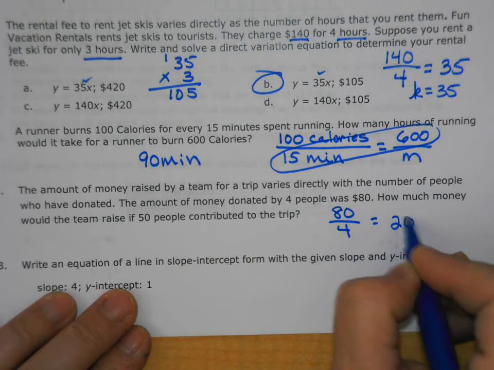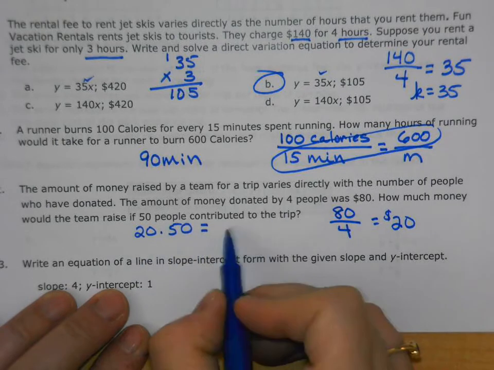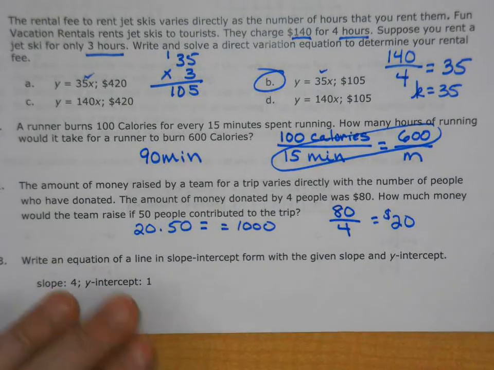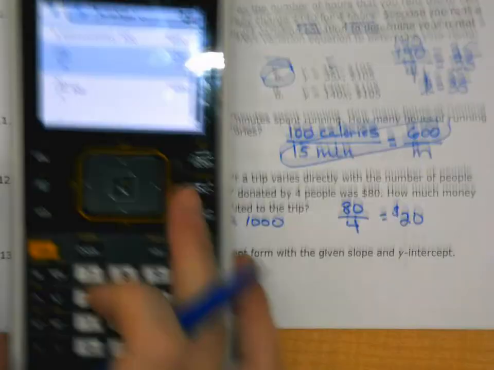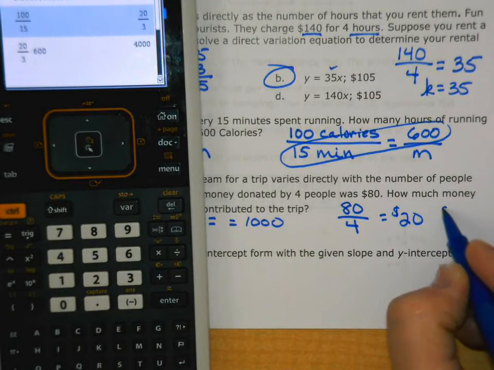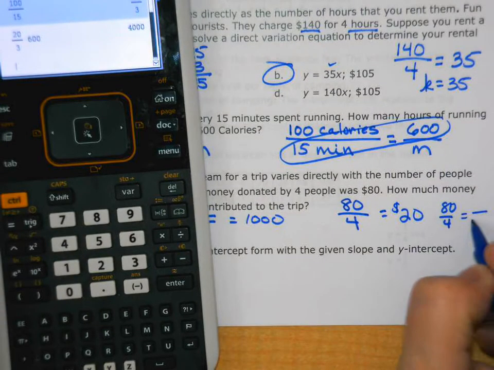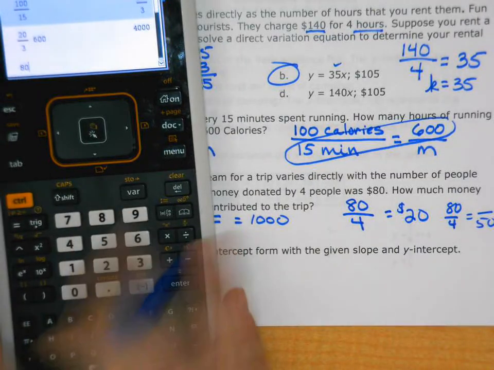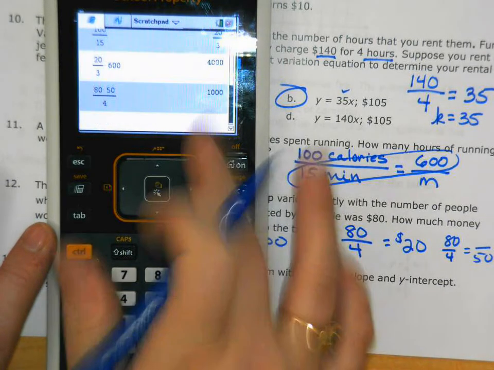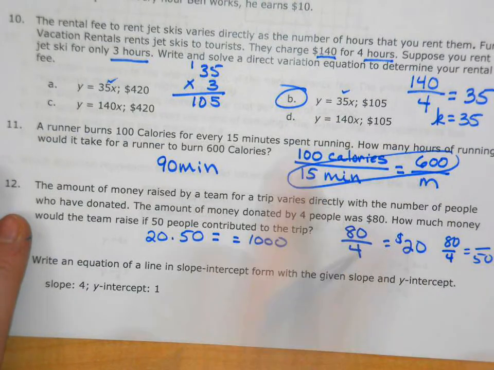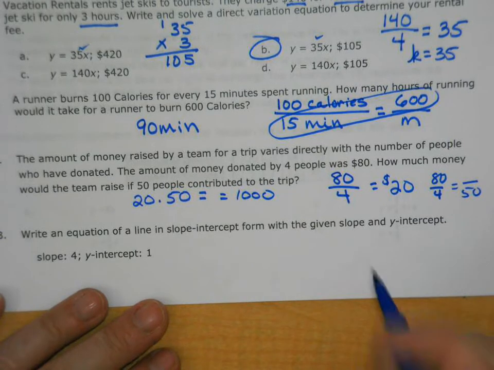We could find that unit rate, 80 divided by 4, which is 20, and then take 20 times 50, which is going to give you 1,000, or you could solve your proportion, which would be 80 over 4, and we want to know how much it would be for 50, we would do 80 times 50, and then divide by 4, and we get the 1,000 the same way. Like I said, I don't know why it didn't work above, but whatever. It works either way.